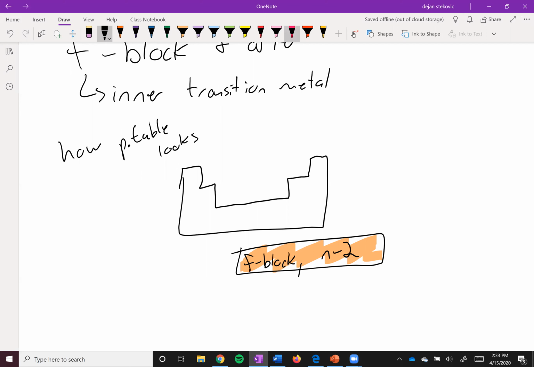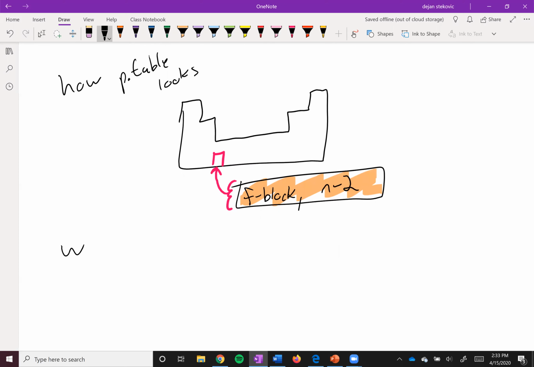The other oddity of this F block is that it's actually not down here. All of this stuff actually goes right here. So this is what the periodic table looks like, but here's what it really is.